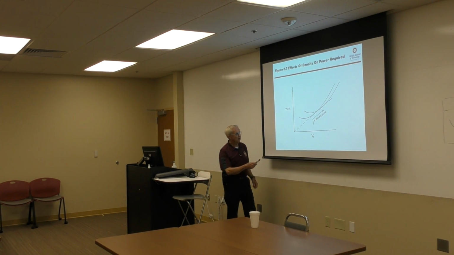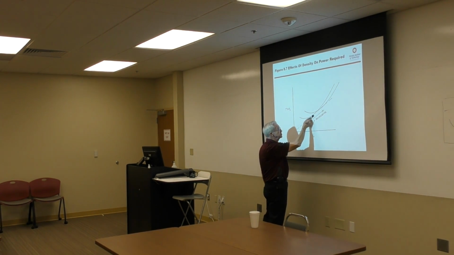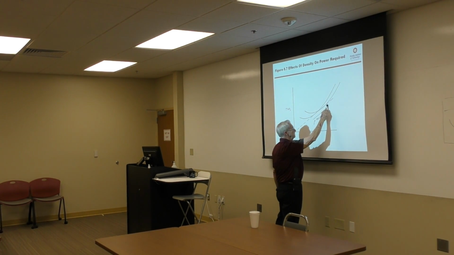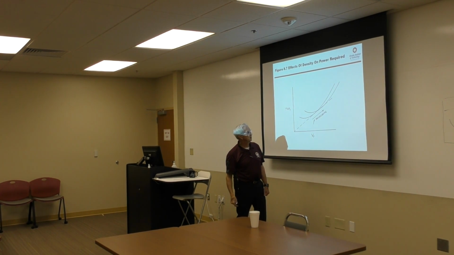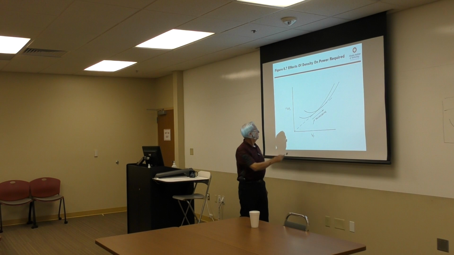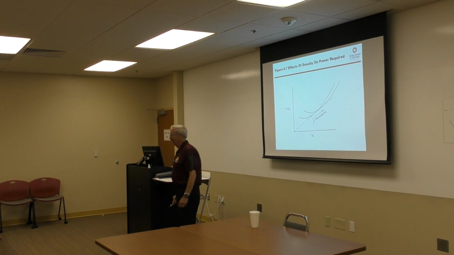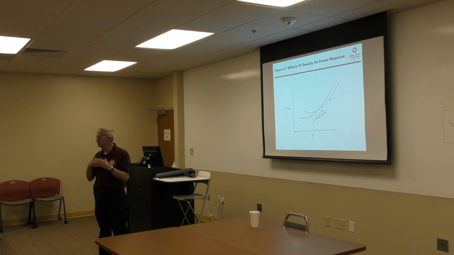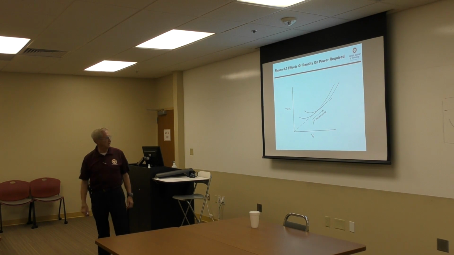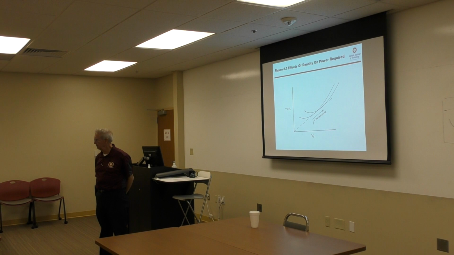This is again that best range, but notice that as the density decreases, the power required increases to keep the same best range speed. So the best range speed in true airspeed tends to increase with altitude.